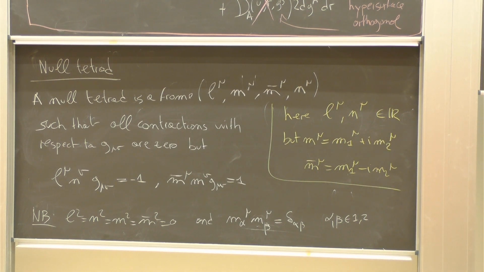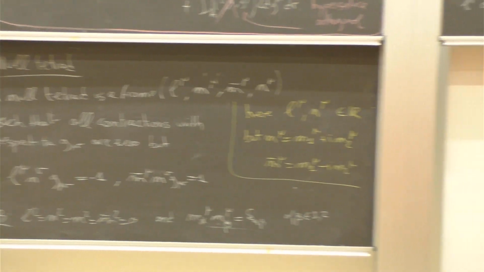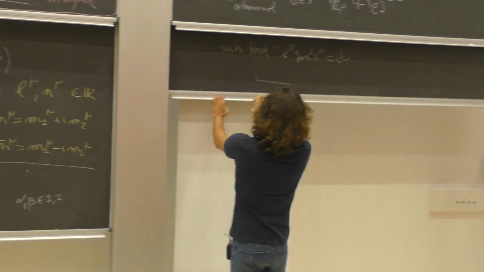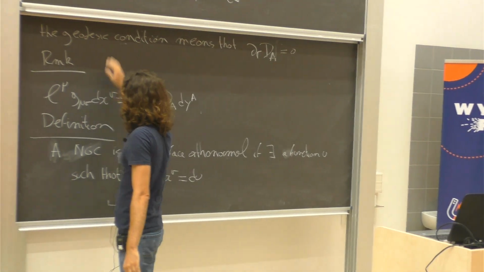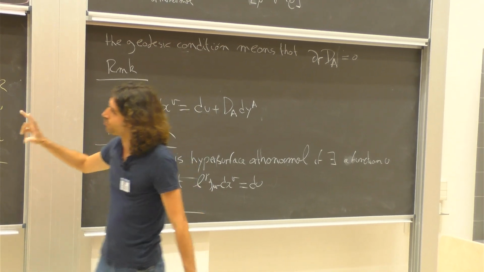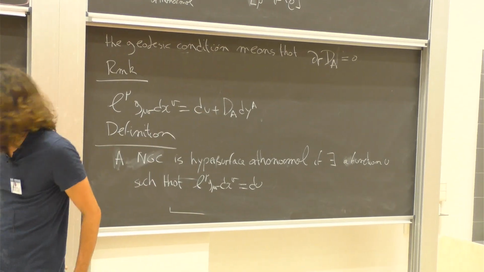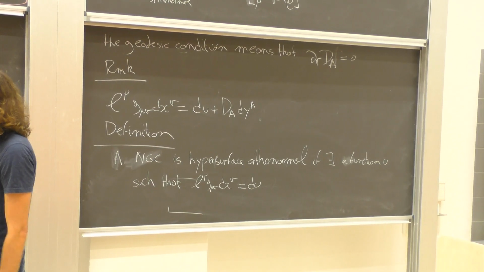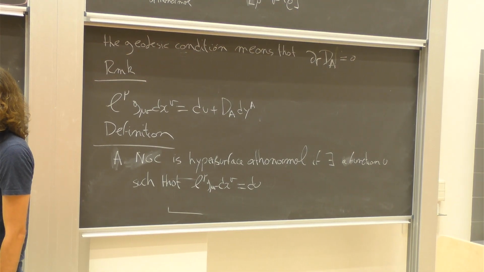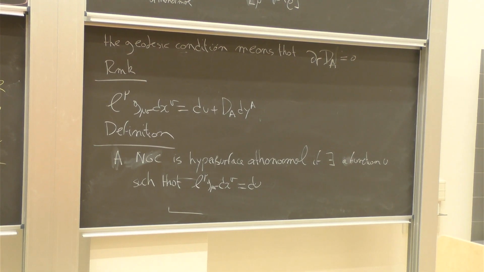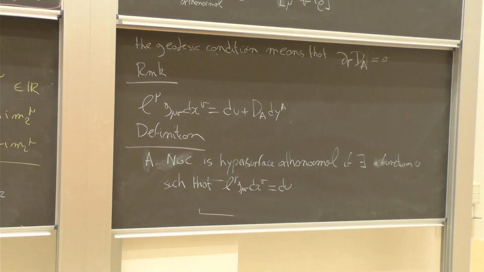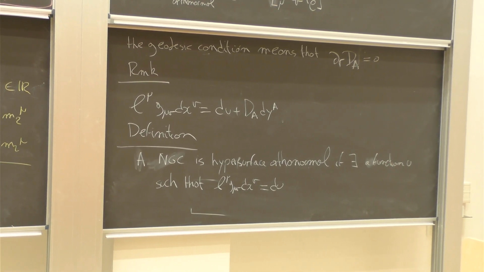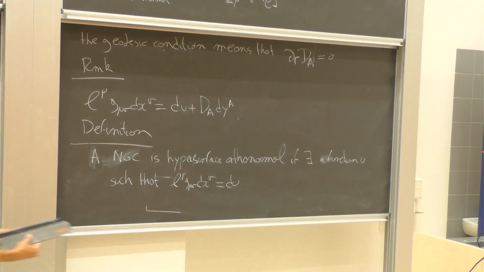Probably you're used to frames. So you choose orthonormal frames, which form an orthonormal basis. Another very useful notion is the null tetrad, which is a frame where all of the vectors are null. I think we'll see this many times during this week.